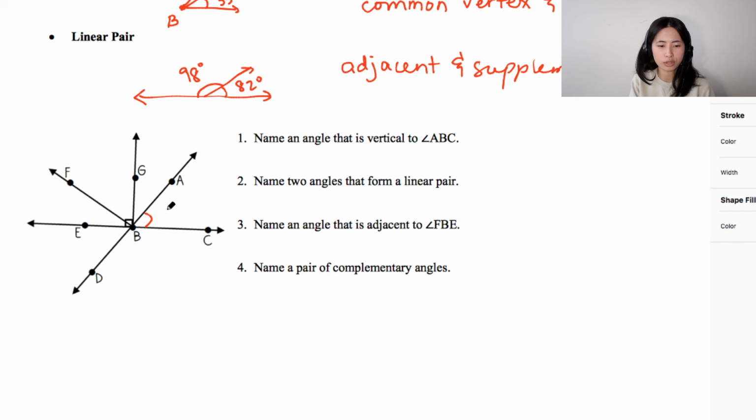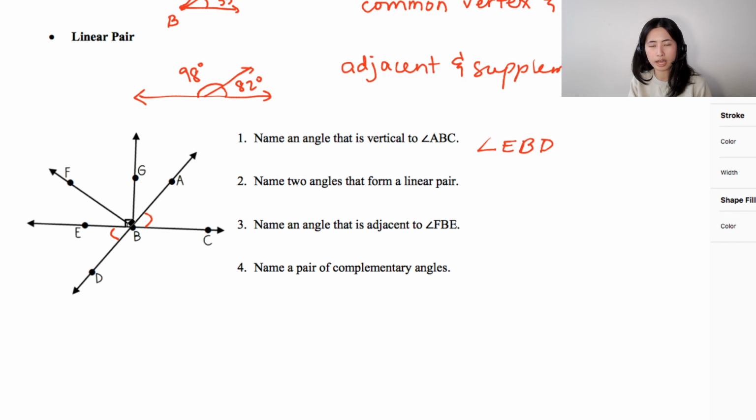You know that you're looking at ABC, so the only vertical angle in that case would be EBD. There's no other X pattern here opposite to ABC. That's why it's only going to be EBD or DBE, depending on whatever you like to call your angle. So both are acceptable names.